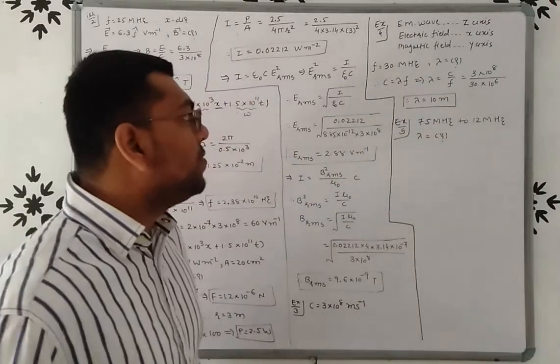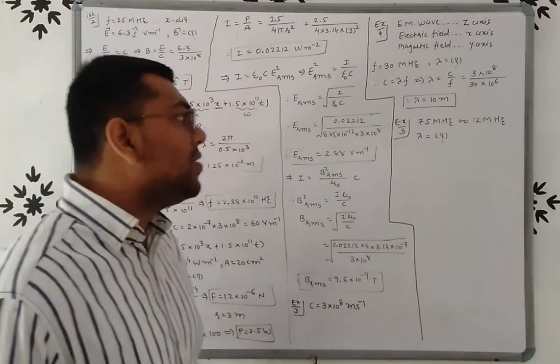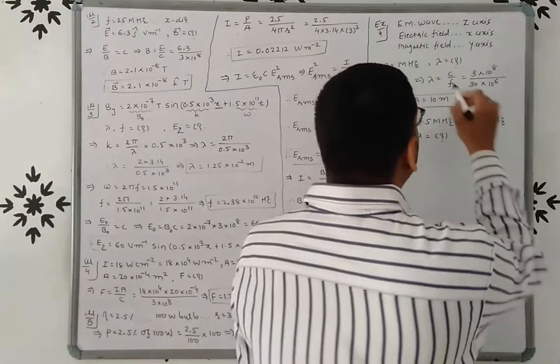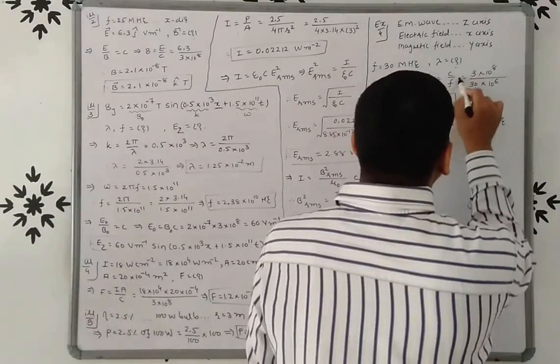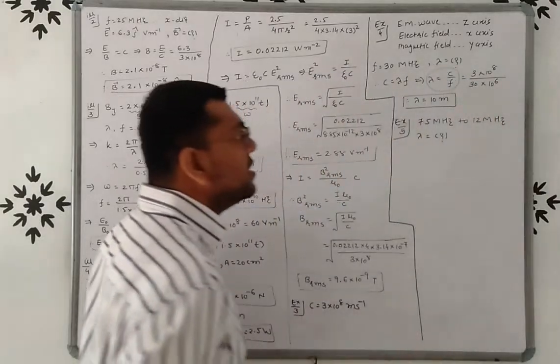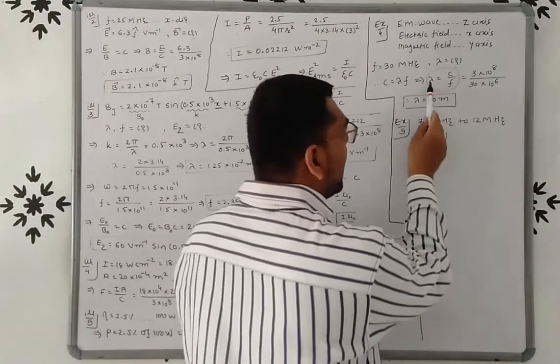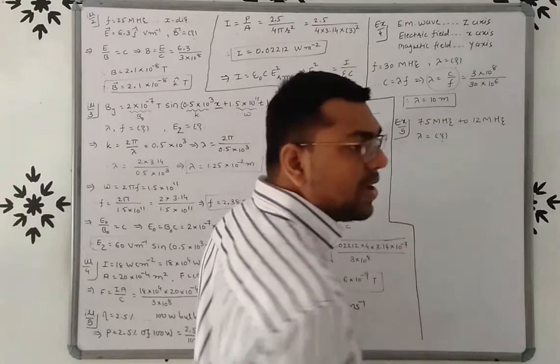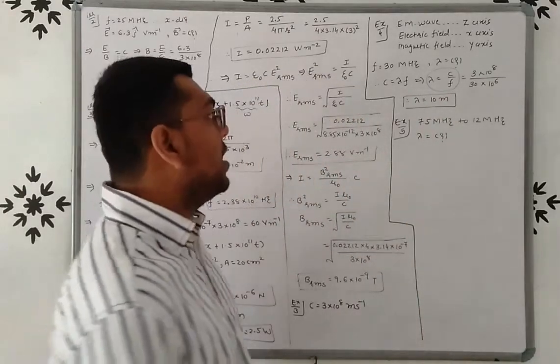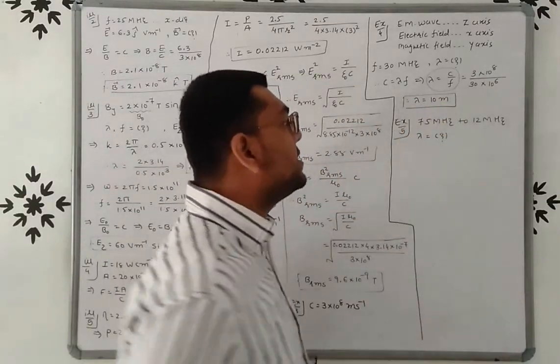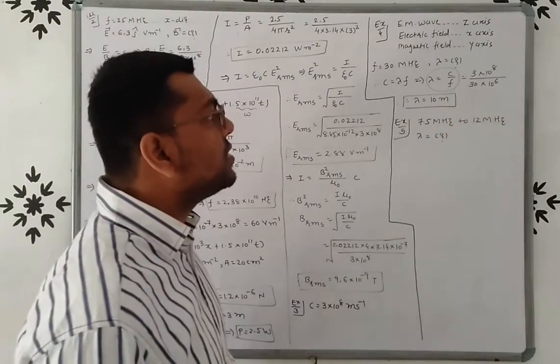Right. So we already know the relation between wavelength and frequency, right? Here see lambda is equals to c by f, right? So here lambda and f having an inverse relation, right? Because lambda is equals to c by f.